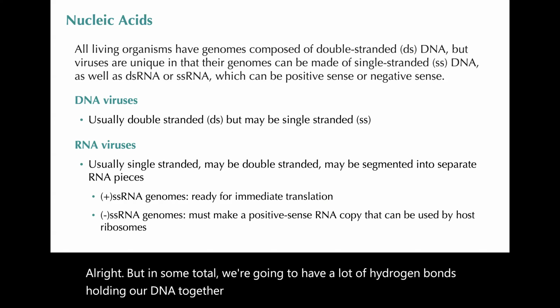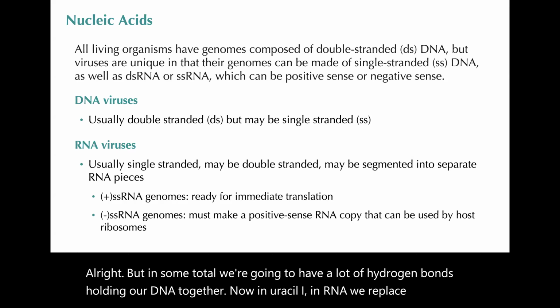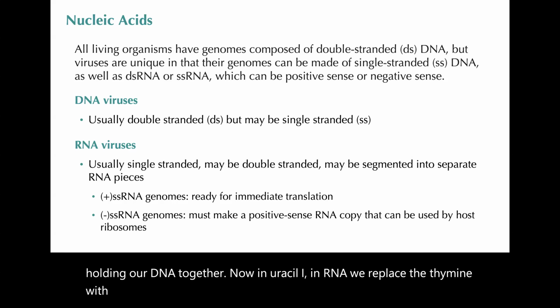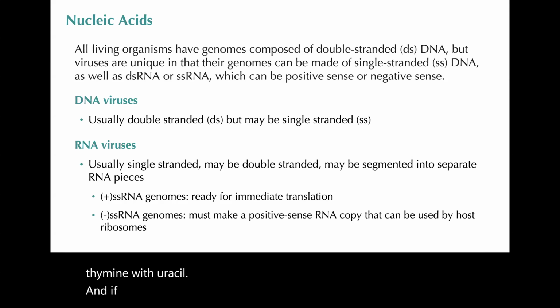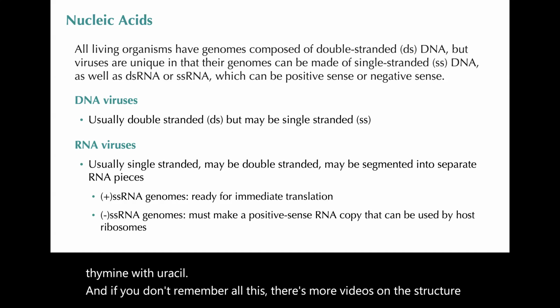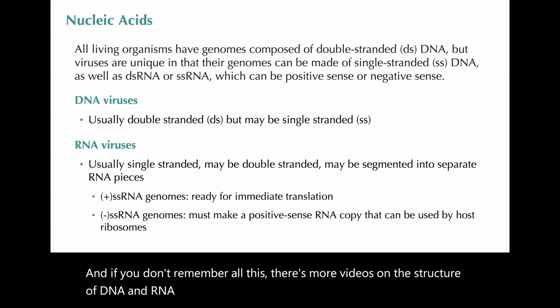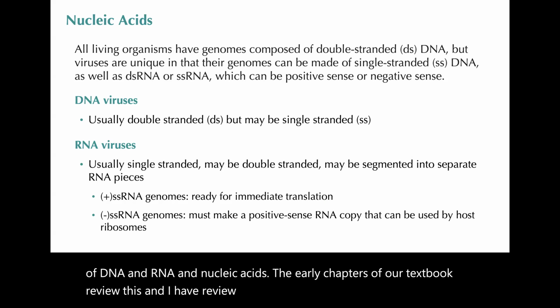Now in RNA, we replace the thymine with uracil. And if you don't remember all this, there's more videos on the structure of DNA and RNA and nucleic acids. The early chapters of our textbook review this, and I have review material on YouTube.